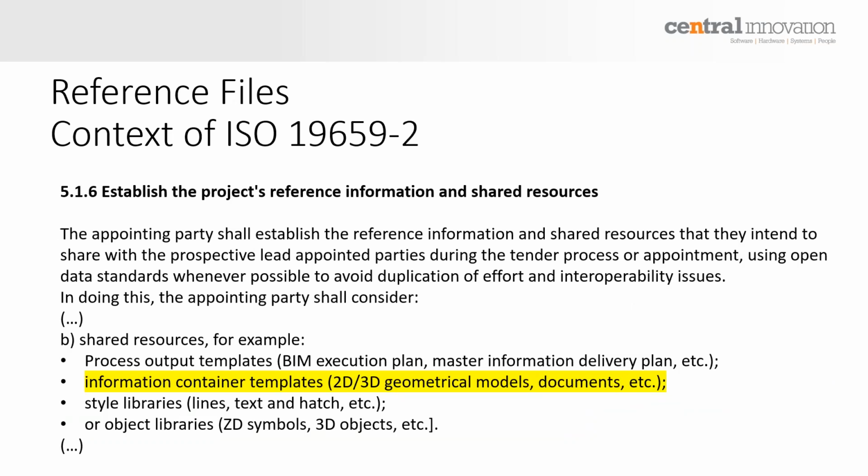It can also be found on the second part of the ISO standard. Again, mind the typo there, it's not 659, it's 650-2. And in part 2 of the same ISO standard, on point 5.1.6, it actually explicitly talks about the type of information that you may need when you are talking about reference information as a guide.